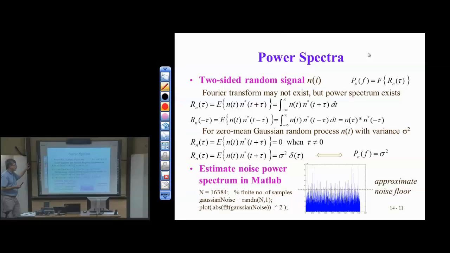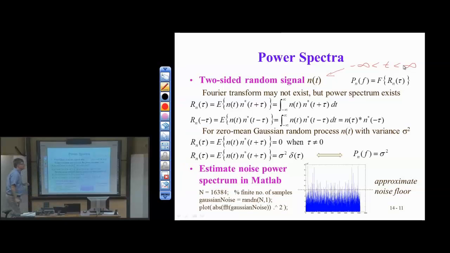The problem with the infinite observation case is that a Gaussian random signal may not have a Fourier transform, but it has a power spectrum. That's why we have to go through all this extra effort. So again, we have a two-sided random signal, which means we look at t from minus infinity to infinity.